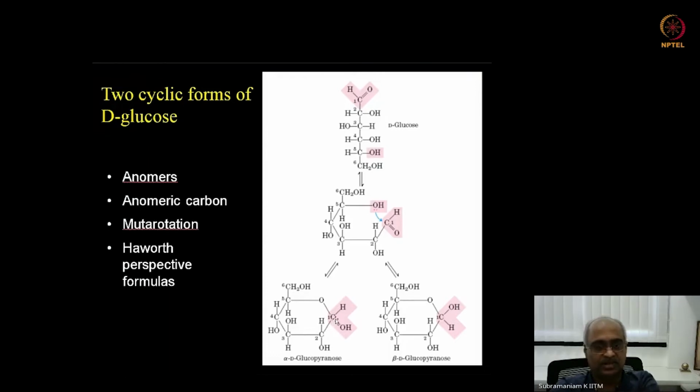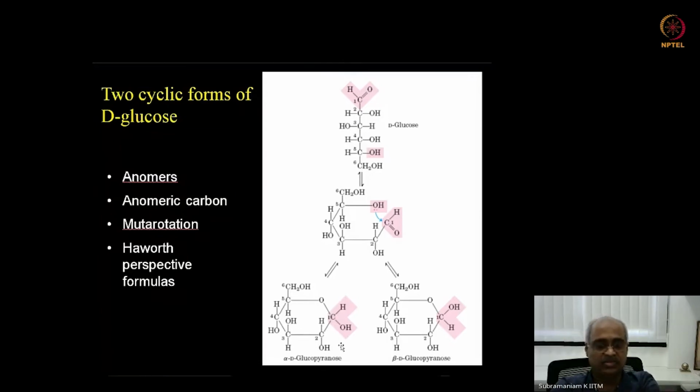Okay, and two sugar molecules, for example in this case, these two differ only in the orientation of the substituents of this carbon. All other groups, the orientations of those groups on these carbons, are all the same. Only here it differs. And the sugar molecules that differ in this fashion are called anomers. And this carbon itself is called the anomeric carbon.